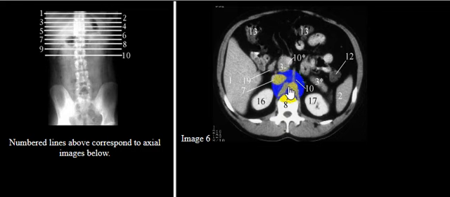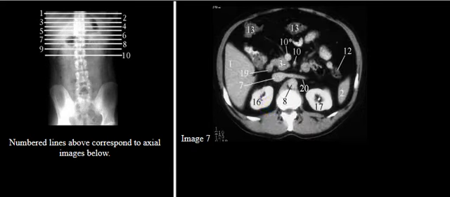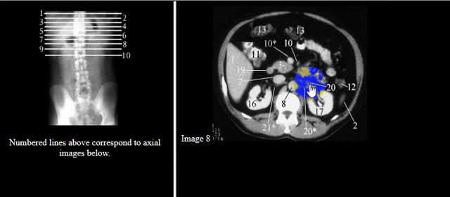And this is the superior mesenteric artery, as we discussed, and this is the left renal vein draining to the IVC, and this is the left renal artery, and this is the right renal artery, and it is posterior to the IVC.